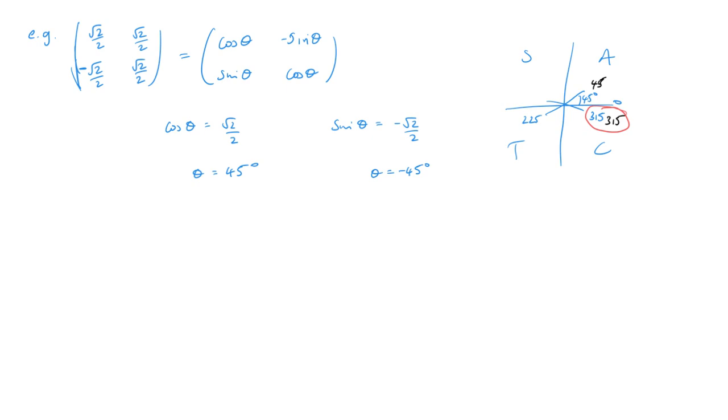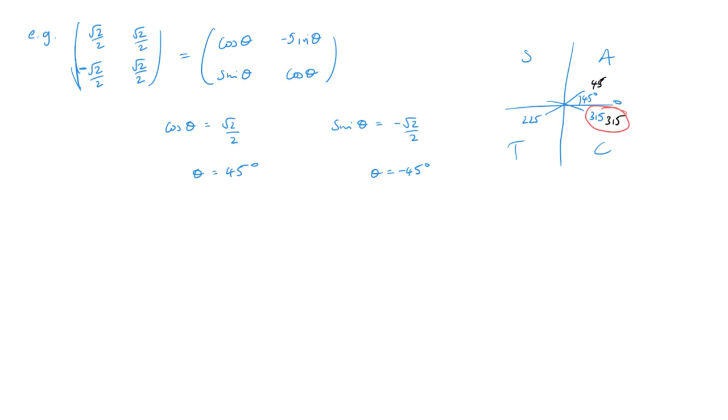So sine theta being negative and cos theta being positive is correct in this quadrant. So my angle theta is in this quadrant, in this case 360 minus 45, so 315.